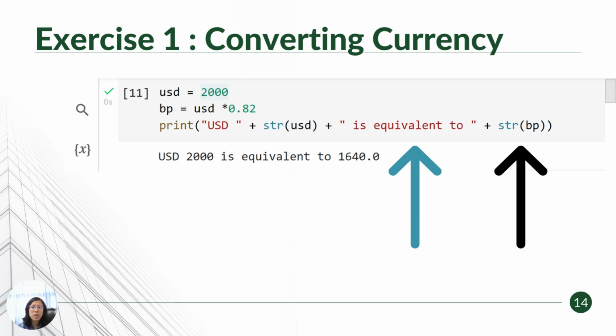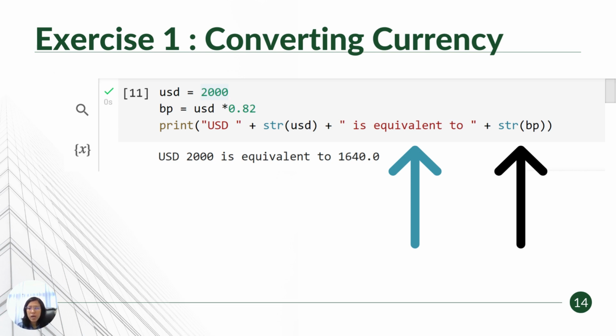So we write USD plus STR USD plus is equivalent to STR PP. Here you can see there's a plus sign and STR. Don't worry about it, we will cover all this in the next lesson. Now if I run Control and Enter, you will see USD 2000 is equivalent to 1640. It makes more sense.